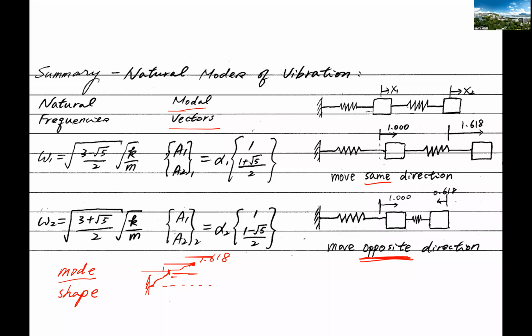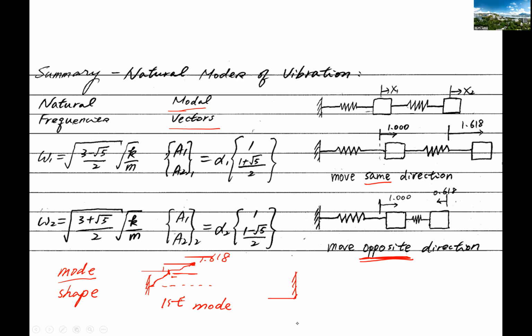And I call this the first mode, the 1st mode. And then for the second mode, it will be like this. I can sketch it again. This is a fix, and this is the reference, the 0 reference line.